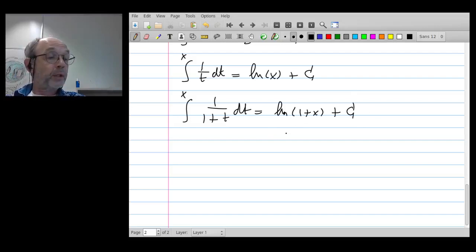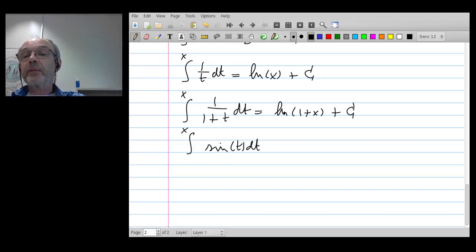And so you have a lot of integrals you know already. For instance, the primitive function of the sine will become minus the cosine of x plus some constant.